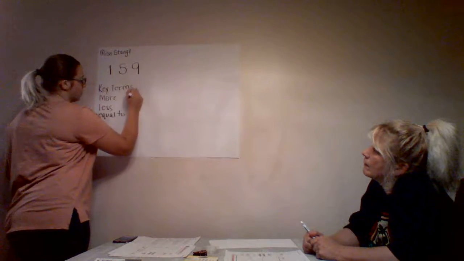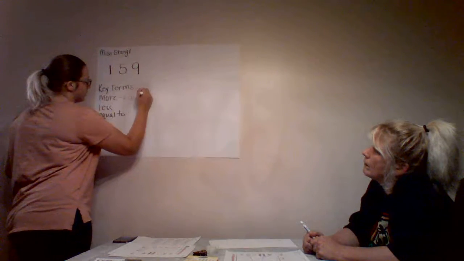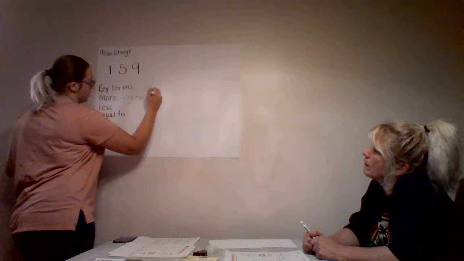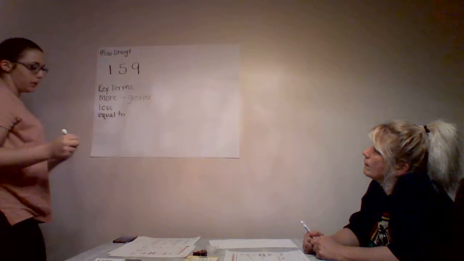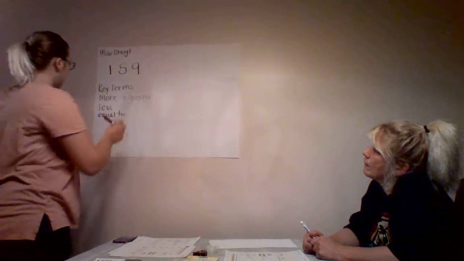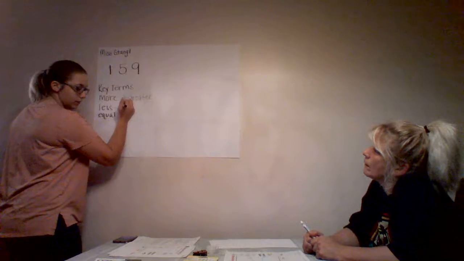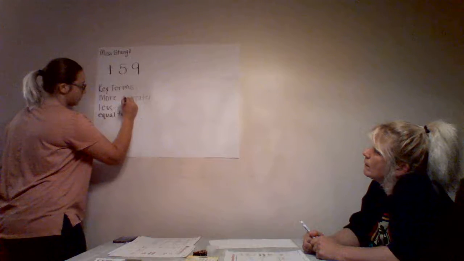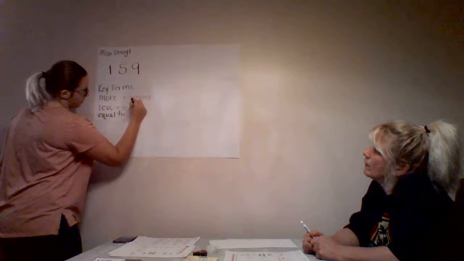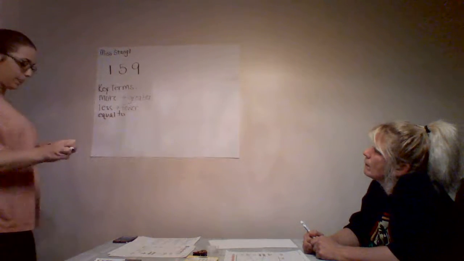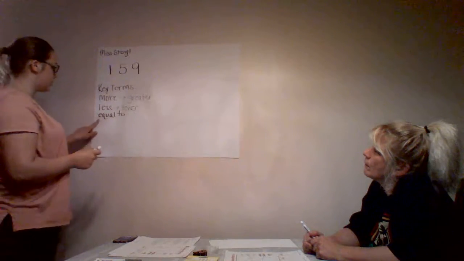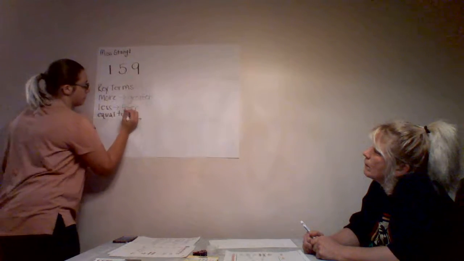The more is represented by the word greater, and that's the word we're going to be using for this lesson. And less is represented by, like, fewer. And equals to is when the numbers are the same.